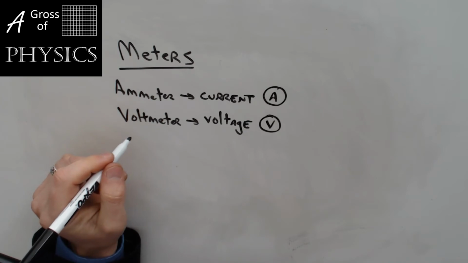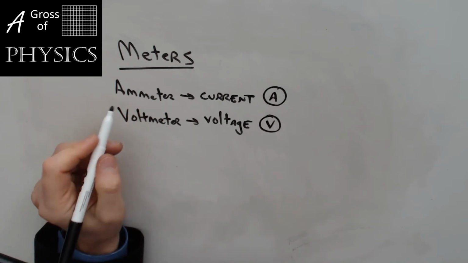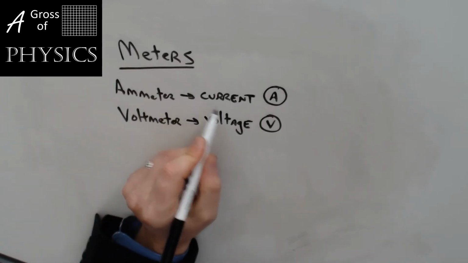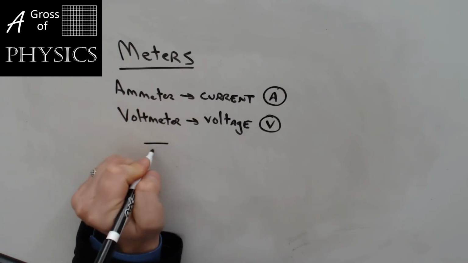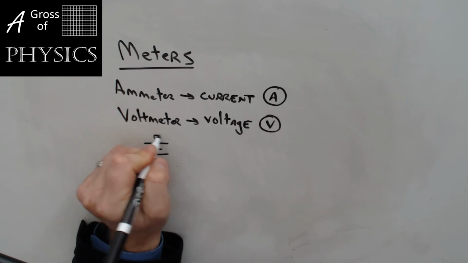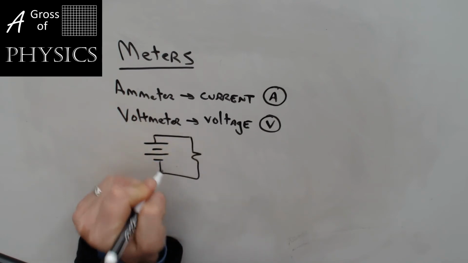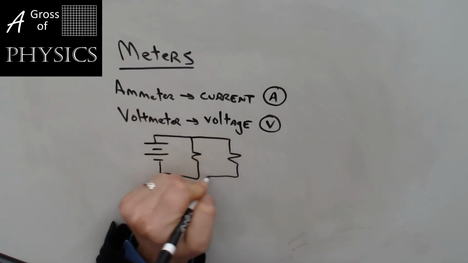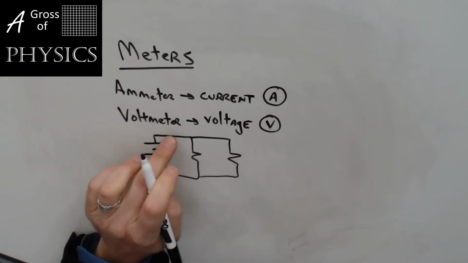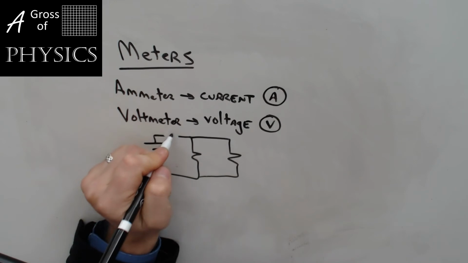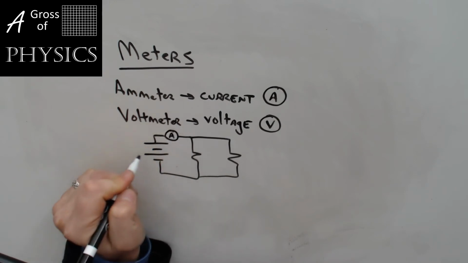Now, the way they're connected matters. If we remember, an ammeter is measuring the current flow, so it needs to be part of the circuit. So the way we're going to connect that, let's do just a parallel circuit. If I want to know the current flowing through the battery, I can connect the ammeter up here.